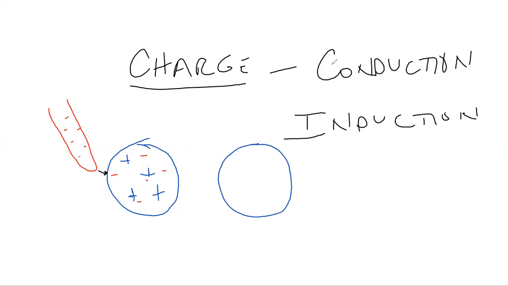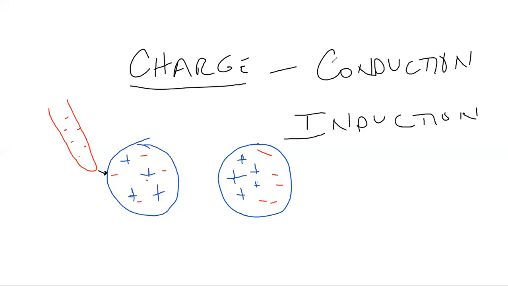Because of the negative of the rod, it's going to push the other negatives to this side, and put the positives more on this side until that rod is moved away, and then they'll balance out again and spread out. But as long as that rod's in contact, we know that like charges repel and opposite charges attract, and so we get this.